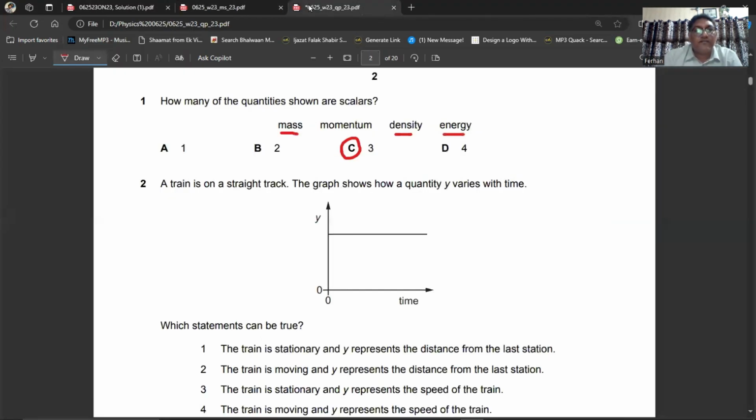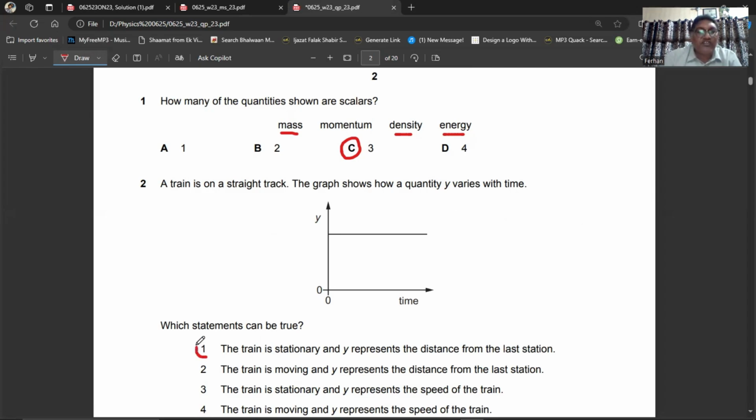Okay. Now, question number 2. A train is on a straight track. The graph shows how a quantity y varies with time. Which statement can be true? The train is stationary and y represents the distance from the last station. Okay, so if y is distance, then on this distance-time graph, if the line is horizontal, that means the thing is stationary.